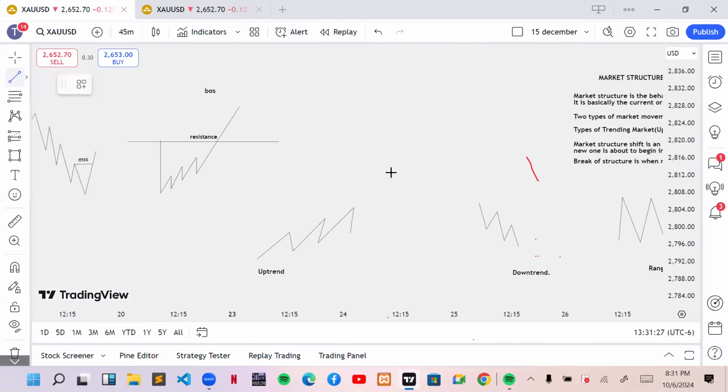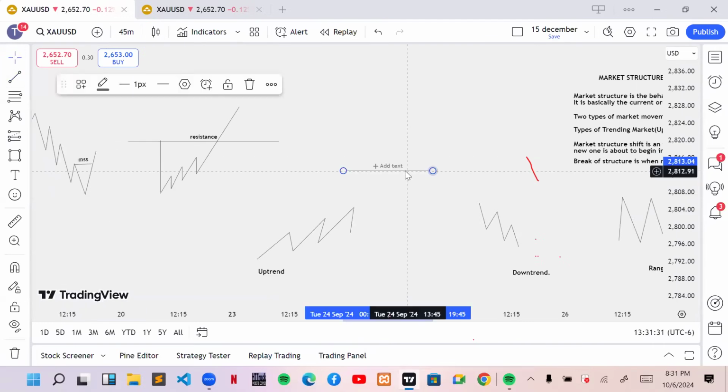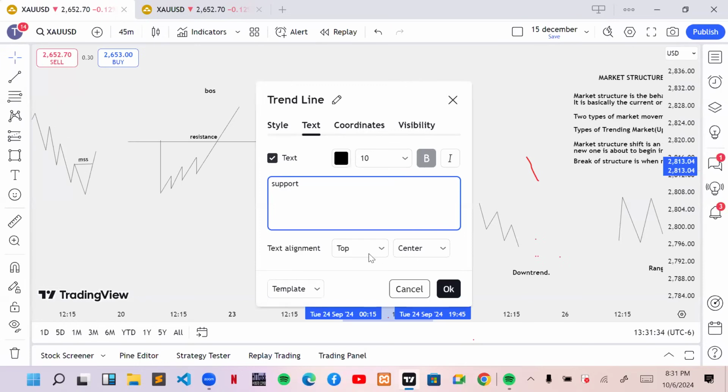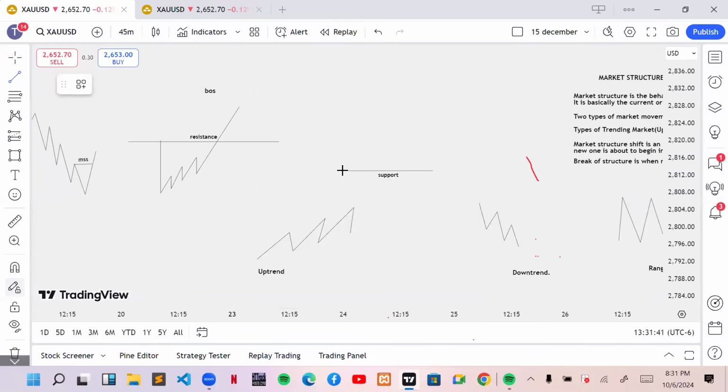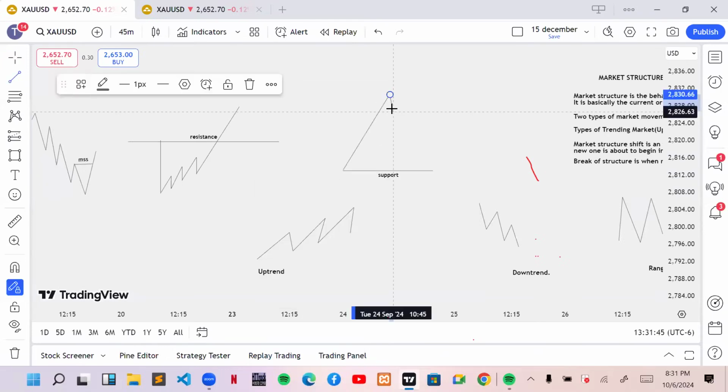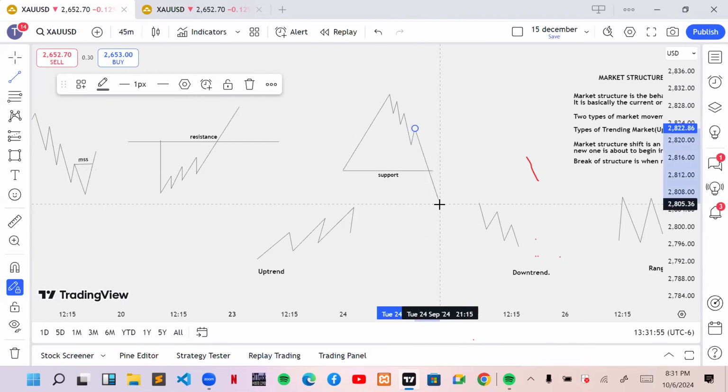Let's assume that this is a support zone, and the market was on a downtrend, that is lower highs and lower lows, and the market does something like this, breaking the support zone. The market was previously on a downtrend, and the zone that it broke was still on a downtrend. So it's still continuing the current trend it was on before.